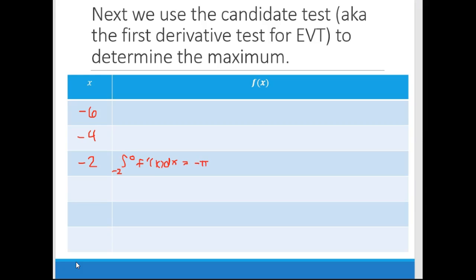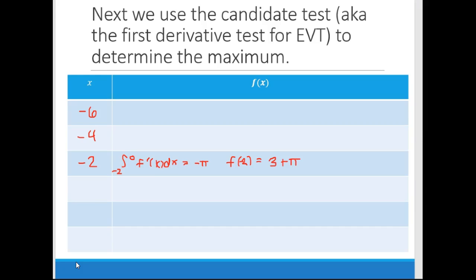But then I need to take into account the initial condition. So f of negative 2 is equal to f of 0 and subtracting that negative pi. So it becomes 3 plus pi.